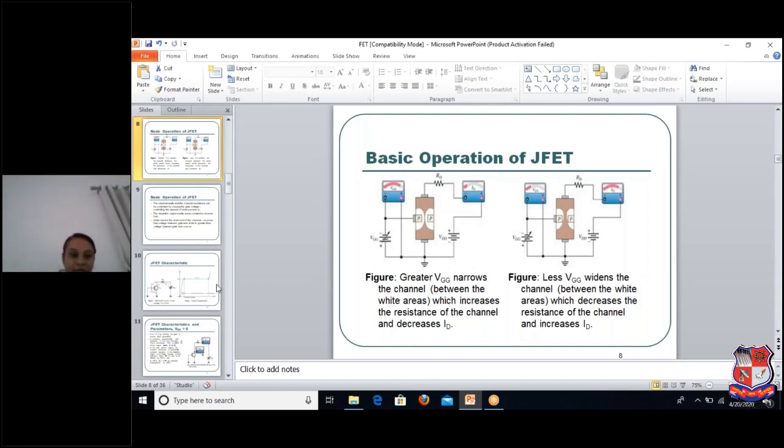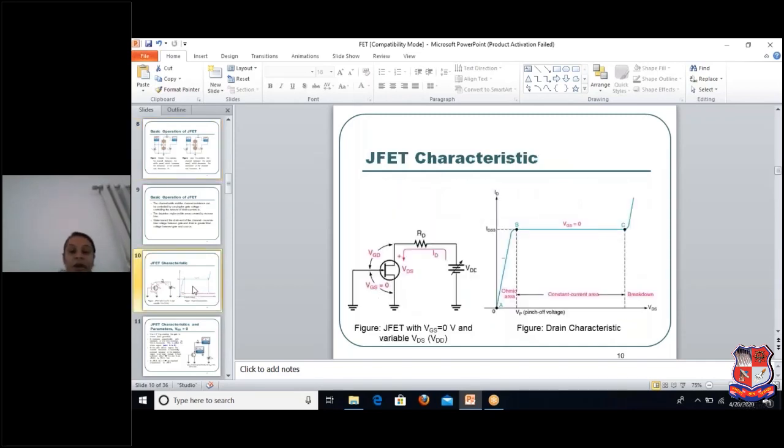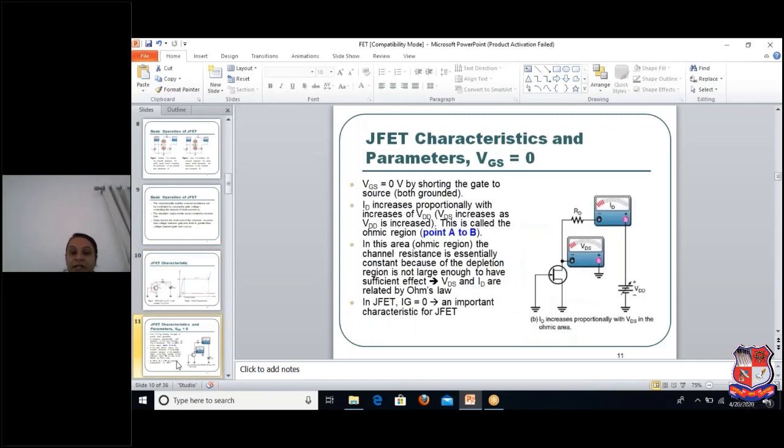Okay, after some point, you can see that here your ID current increases linearly up to this point. This is where ID increases as VDD increases, and this is called the ohmic region.